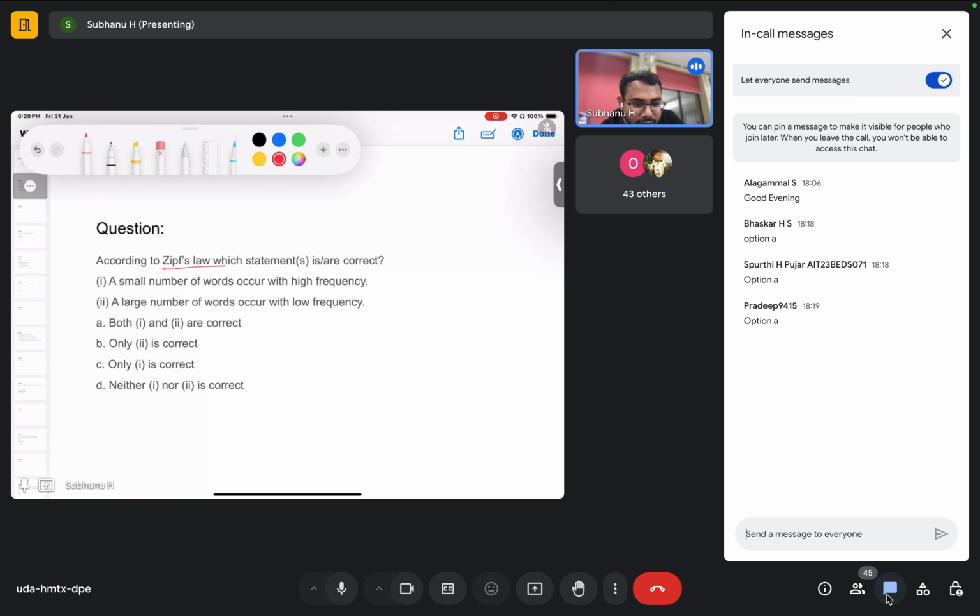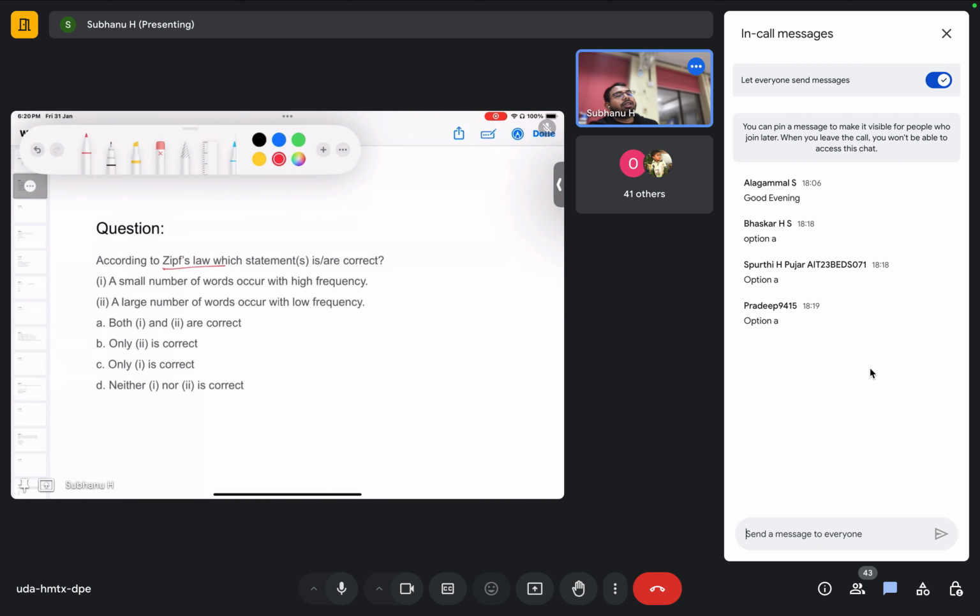I think many of you have given the answer. Kruti, you can also tell me why you think option A is correct. Okay, so yes, option A is correct.